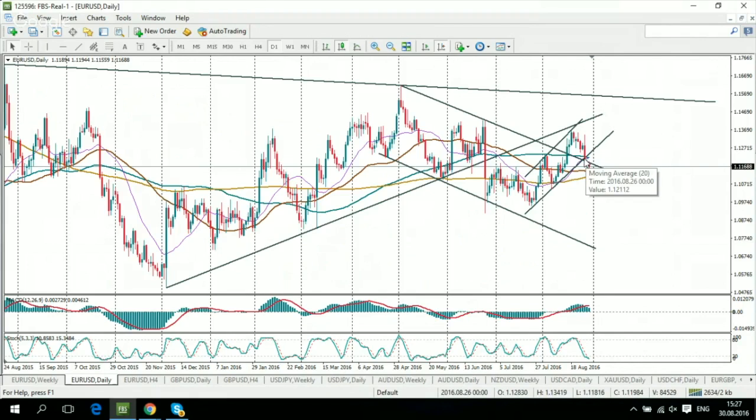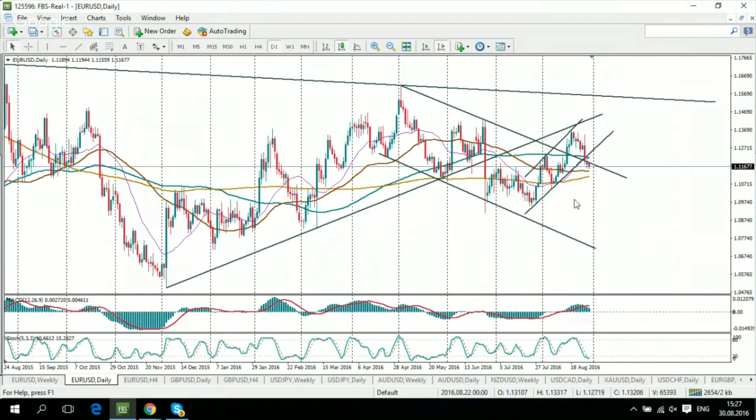The pair also closed below the support line, which is connecting July and August minimums, and now we can see that it is holding below the level of the 100-day moving average, just above the 1.12 mark. It is a line painted in green on this chart. So it is quite reasonable to expect further downside of the single currency versus the US dollar.